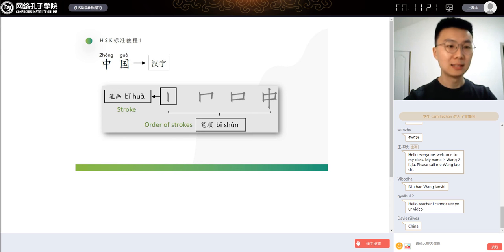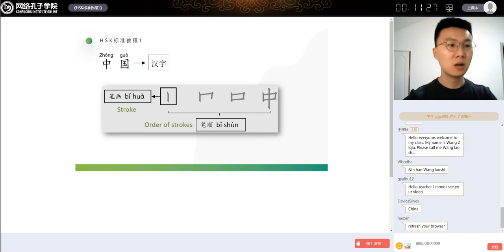We write Chinese characters according to stroke order. The order of strokes, we call it 笔顺. 笔顺 will make it easier for you to remember how to write a Chinese character.